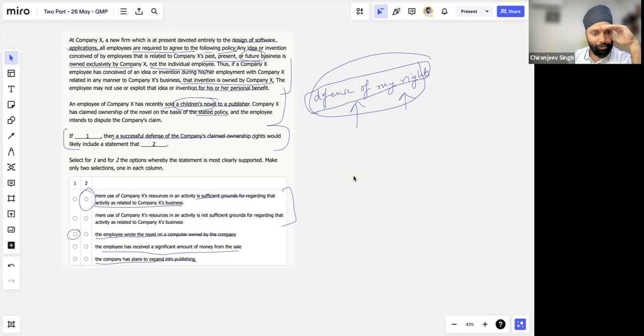So if mere use is sufficient grounds for regarding that activity as related to the company's business, then a successful defense would likely include.